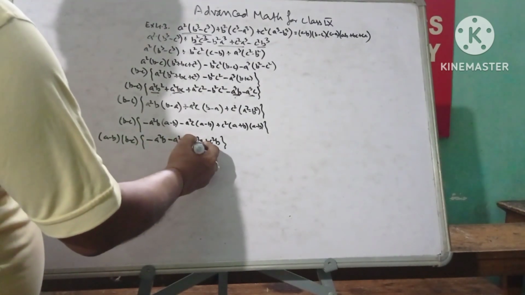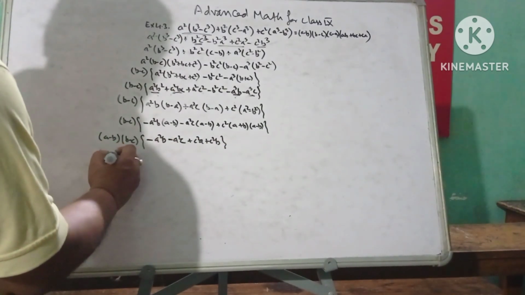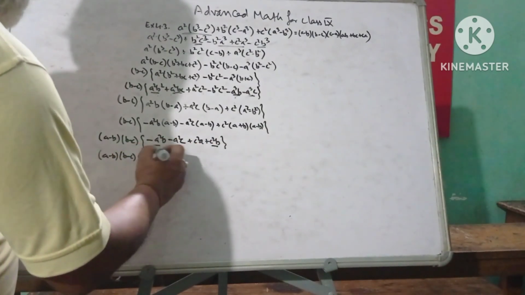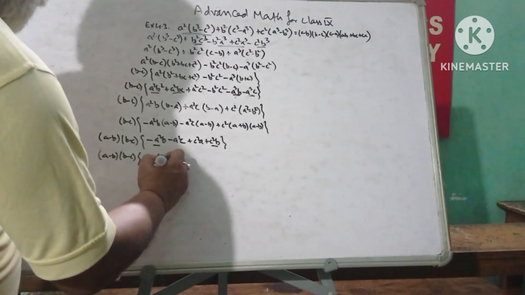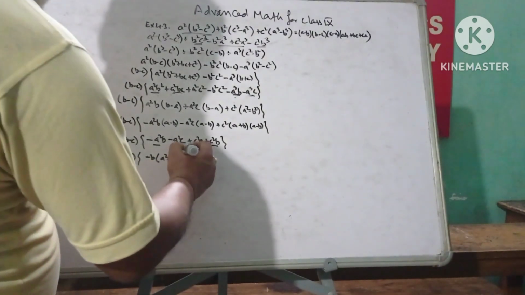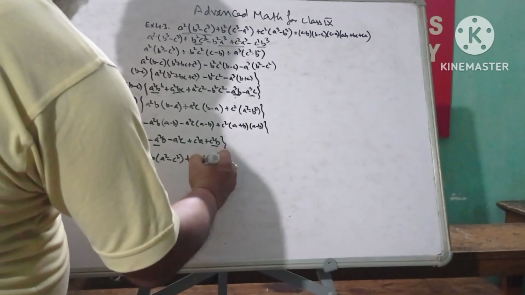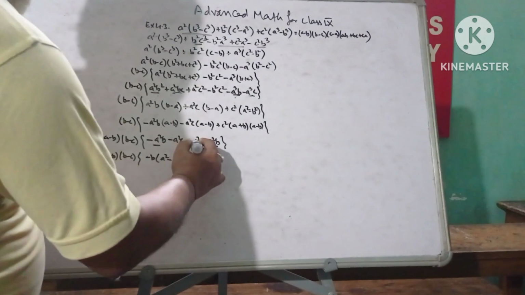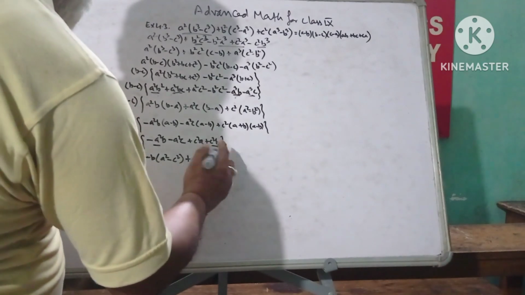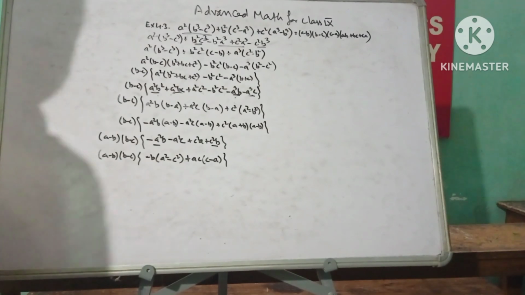If you take these two, this and this, we are getting this is a minus b, b minus c, and here if you take these two, so you are going to get minus b common, a square minus c square, and here you are going to get ac common, so here you will get c minus a, ac common, c minus a.